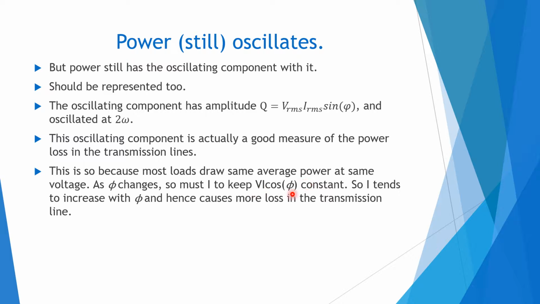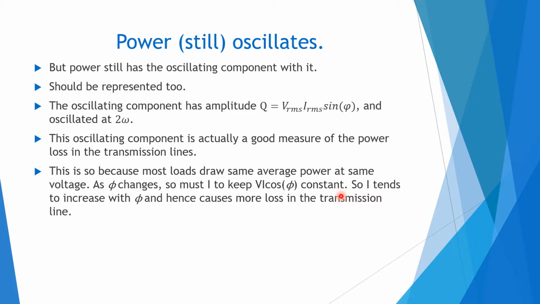So VI cos phi must be kept constant, and V must be kept constant. So I cos phi will basically be constant. Now see, as phi increases, cos phi will decrease, and as cos phi decreases, to keep this whole thing constant, I will have to increase. So as phi increases, I increases, and I square R is the loss in the transmission line, if R is the resistance of the transmission line.